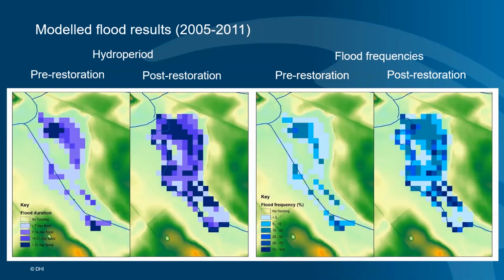That's the unrestored system, or the heavily drained modified system. And you can see relatively short flooding periods, and then quite a dramatic change when we introduce these restoration measures on the right. And we can do the same kind of analysis for flood frequencies. Again, pre-restoration, relatively few floods, and then post-restoration, quite frequent flooding in this area. So the wetland is behaving as it should.